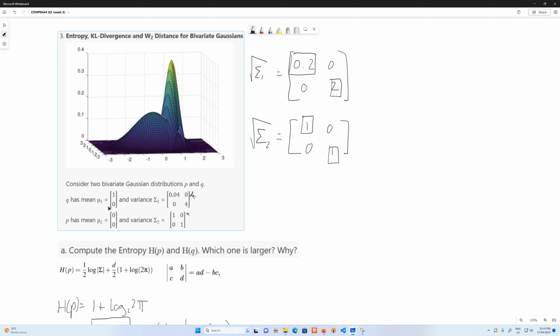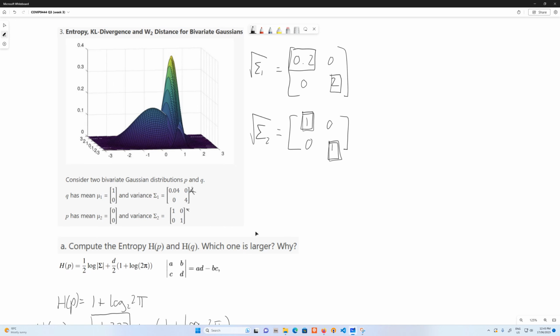Looking at this diagram, P is probably this one that's more spread out. The height and the width of it seem to be the same as well, so we've got 1 and 1 here. So it's more likely that P is this lower one down here, which has a lower peak but is more spread out. And distribution Q, which has been stretched relative to the other one, is more likely this one with a big peak and a compressed base, or width is probably a better way to say it.